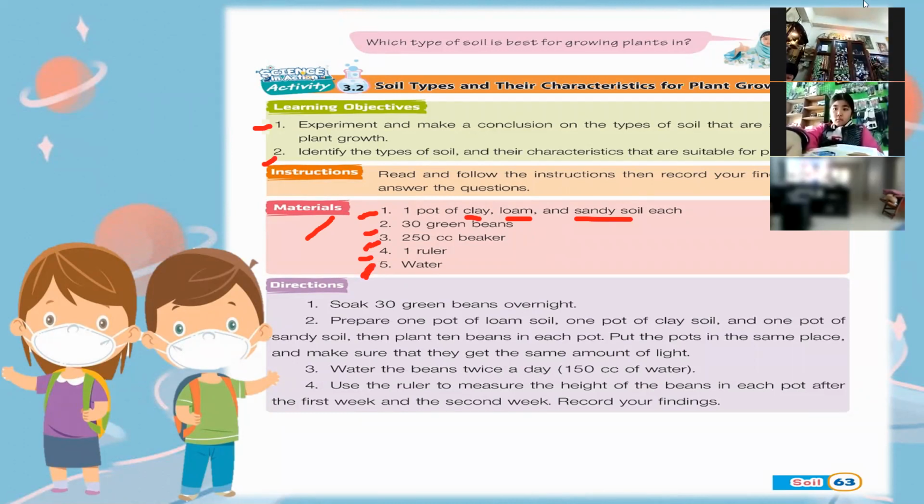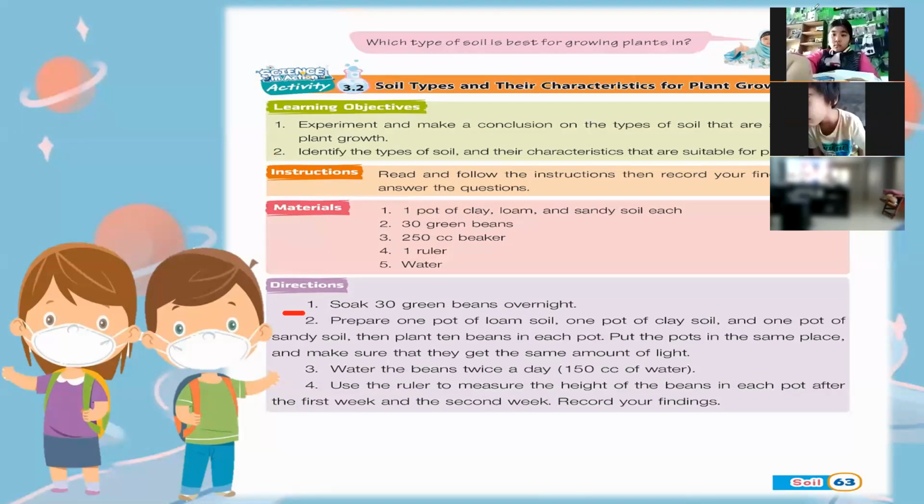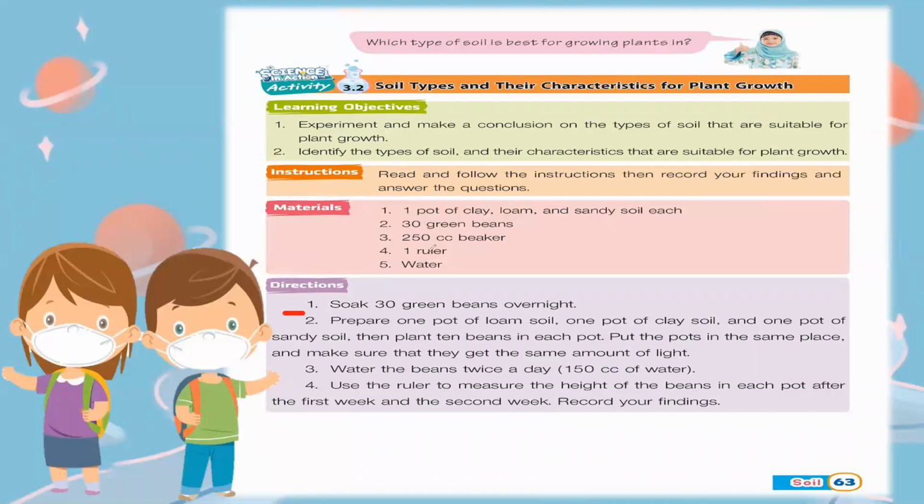Okay, so first of all, we have to follow this direction. First, we are going to soak 30 green beans overnight. We already have 30 beans, so those beans we have to soak overnight.